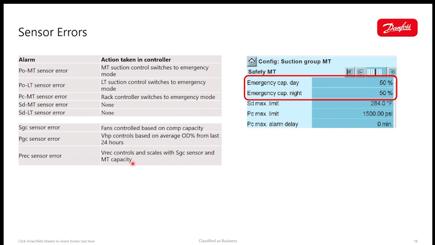And so you get a little bit of modulation here. This will move around with that temperature value and the medium temp capacity. So we're not just leaving the receiver in a fixed position, knowing that especially at the receiver, the opening degree of that valve is constantly moving under normal situations, and we need to get as close to that as possible while we've lost the receiver pressure reading.